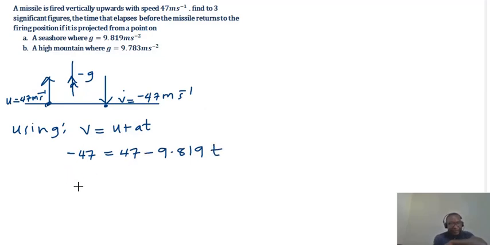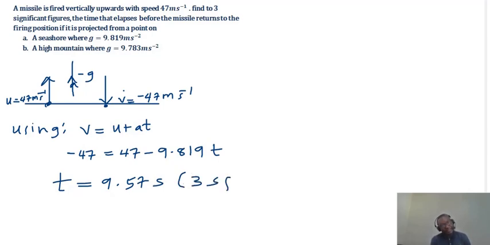So when you simplify this, my dear viewer, we shall get t as 9.57 seconds, and they needed these to three significant figures. That is part A.